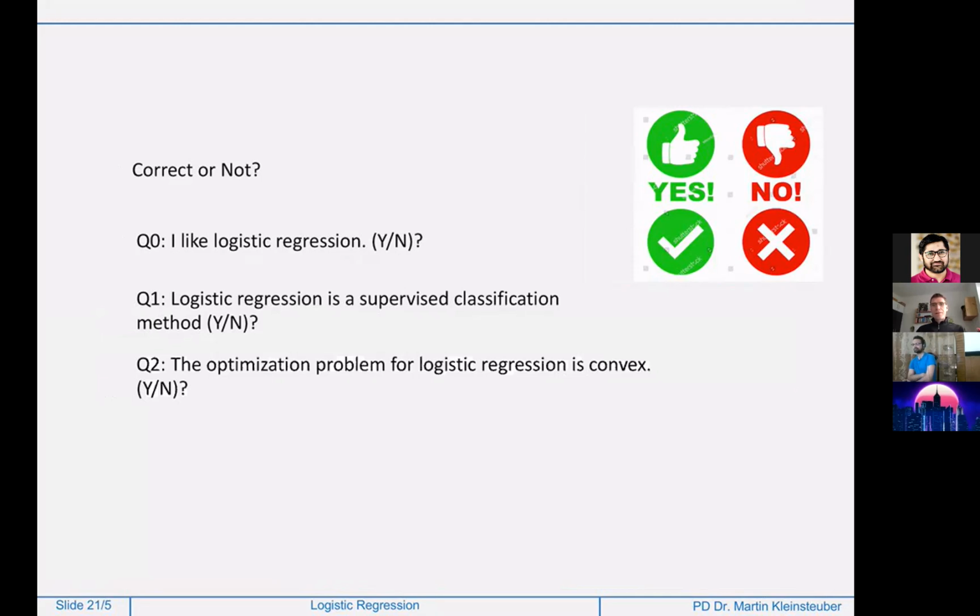Okay, we have 4 that say no. 5 that say no. Okay, you might stick to your opinion, but actually, it is convex.